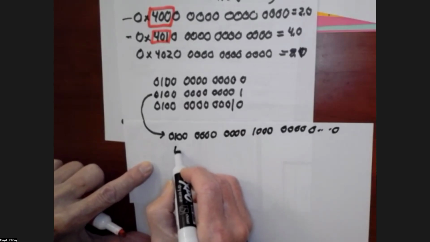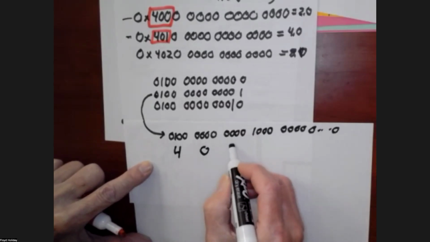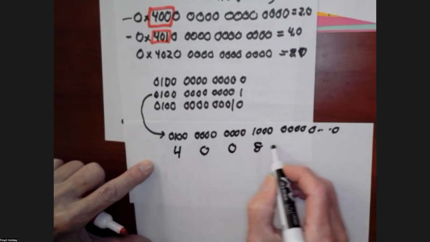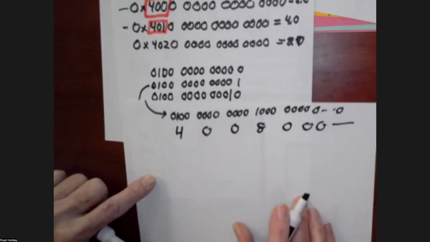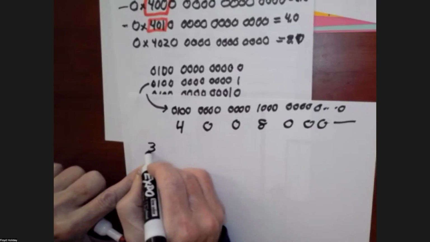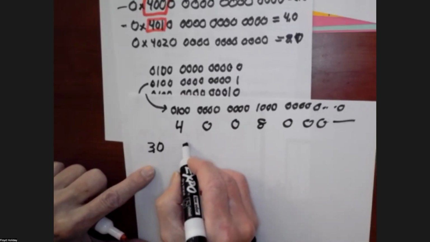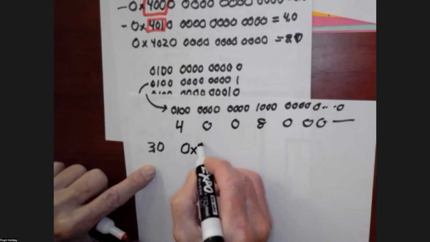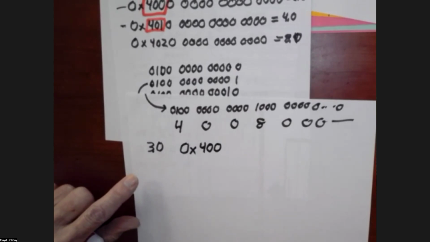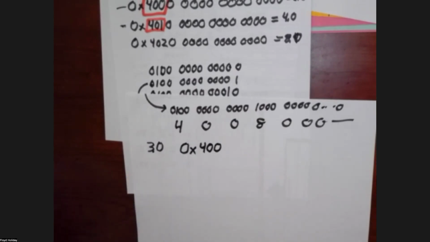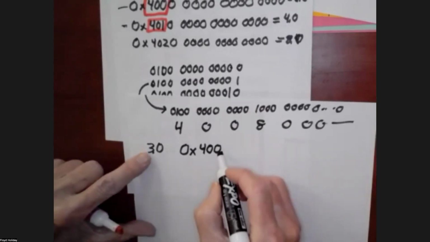That is a 4, a 0, a 0, an 8, a 0, 0, 0 to the very end. In other words, 3.0 is 0x400 and halfway more. 8 starts with a 1, 0, 0, 0. That's adding a half.